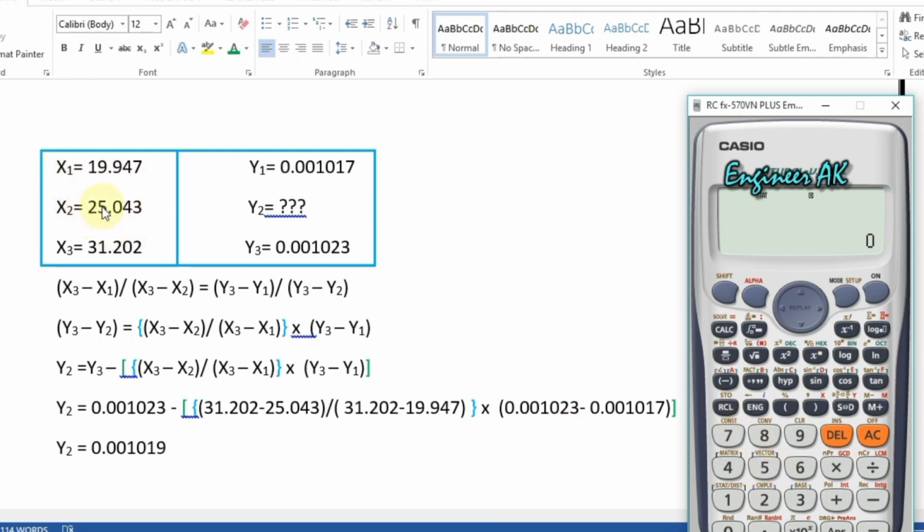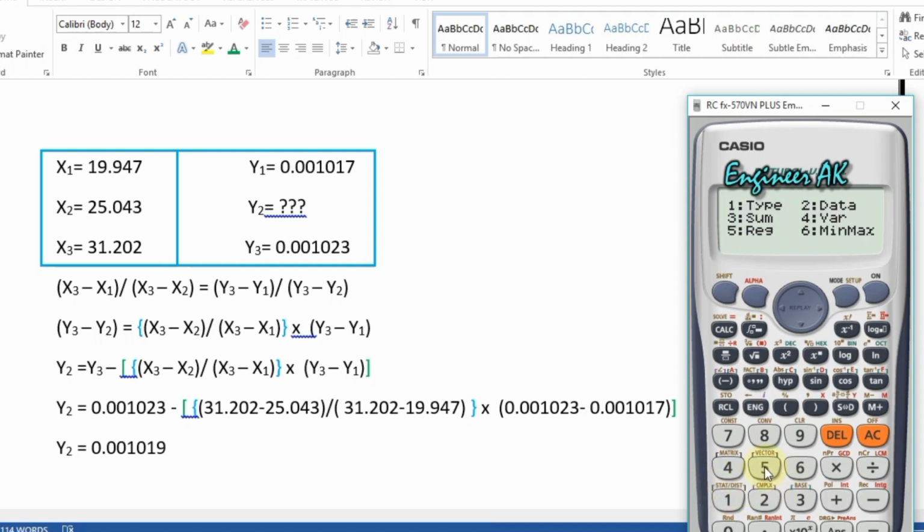So I'm going to find at this pressure what the specific volume of saturated liquid is, right? So 25.043. After putting in the values, you press shift, then 1 state, right?